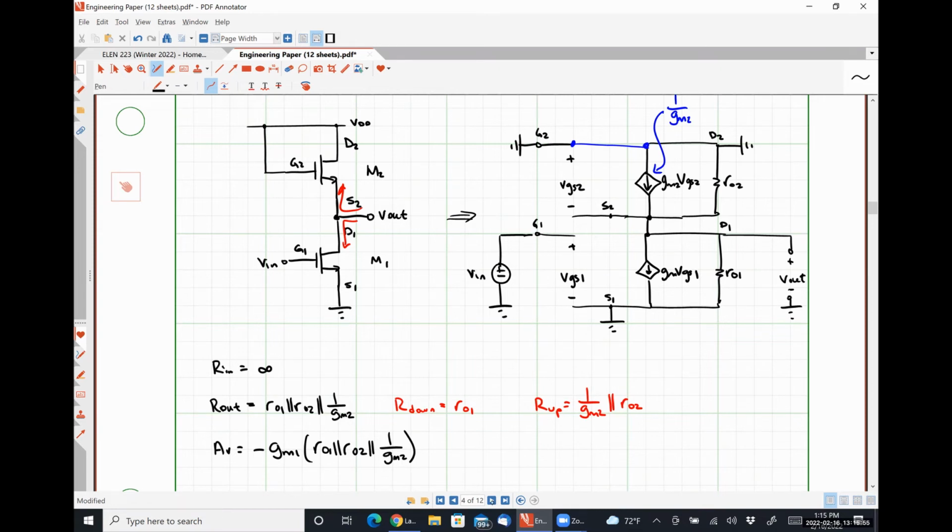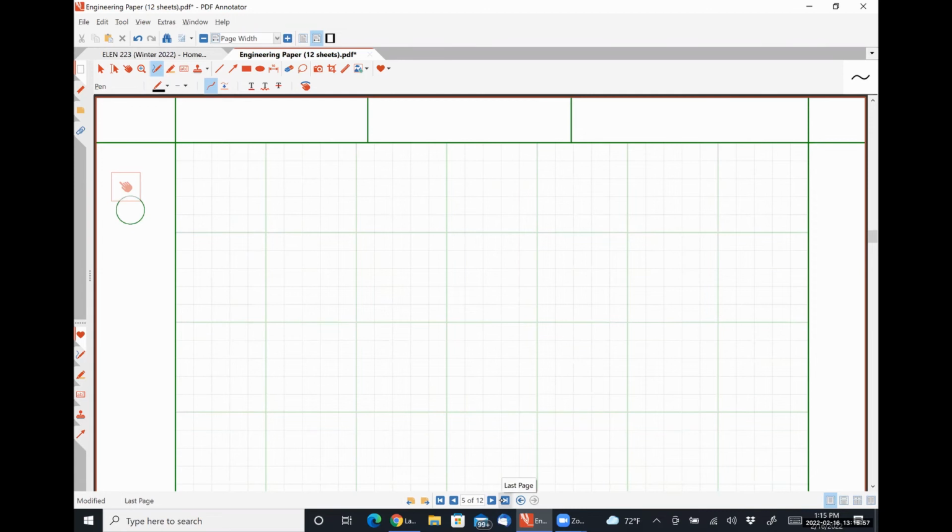So let's talk about a common source amplifier with source degeneration.